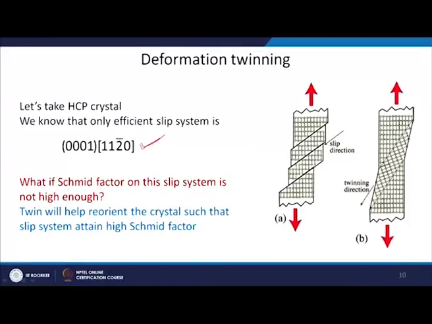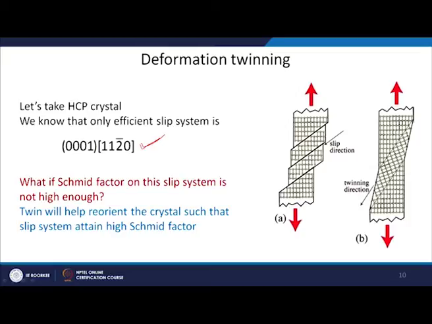So, what the material will try to do is reorient the crystal, and we already know that twinning actually reorients the crystal. You get a mirror image, so reorientation takes place. So, the initial arrangement is not able to give me the maximum resolved shear stress for a slipping process.